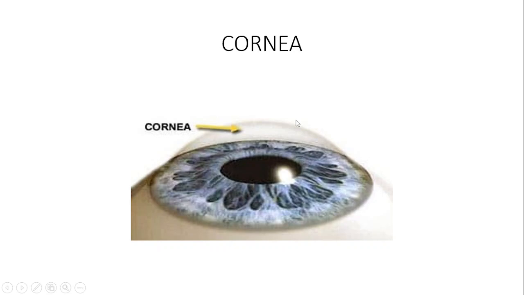In its posterior curvature, it measures 12 millimeters in both directions, but externally it measures 12 millimeters horizontally and 11.5 millimeters vertically, because superiorly and inferiorly it has slightly been invaded by the conjunctiva, covering its superior and inferior portions mildly.